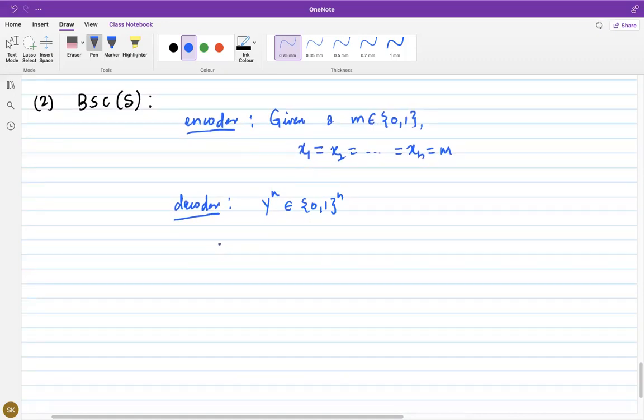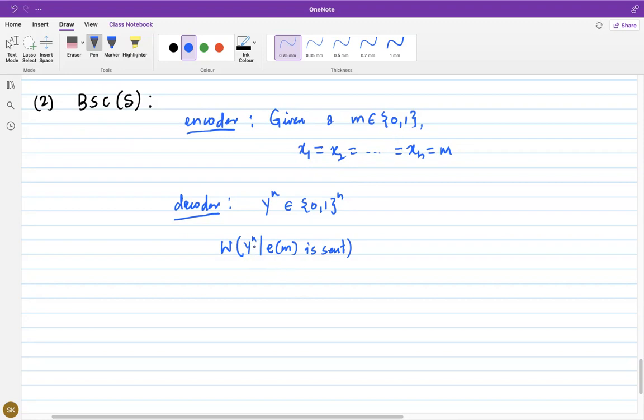Then the transition probability, or the conditional distribution, you can write of this Y^n given X_1 to X_n, or you simply say E(m), the encoded output of m, is sent. You know that the encoded output is always either an all zero vector or an all one vector.